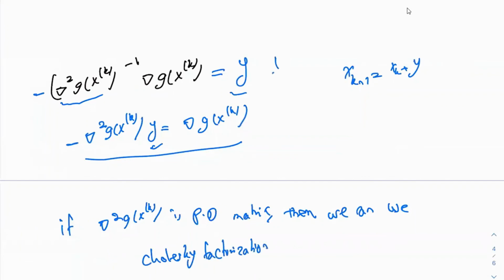I will call this one 1, and this one 2, to solve 2, right? I talked about Cholesky in the previous videos, so we have this option to solve this equation as well.